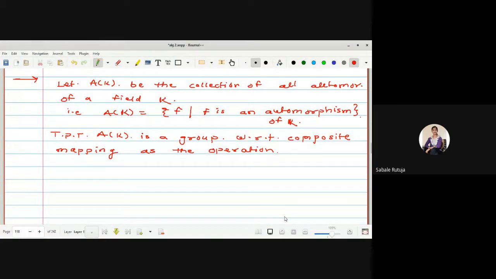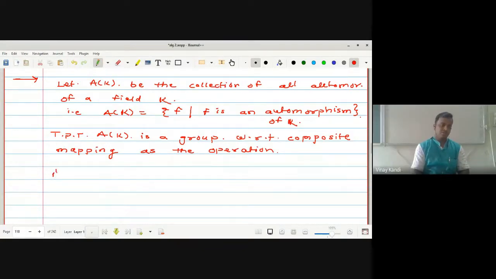Now, what is the first property to prove the group? It is the closure property. Okay, first write down the closure property, not closed. Okay, closure property.